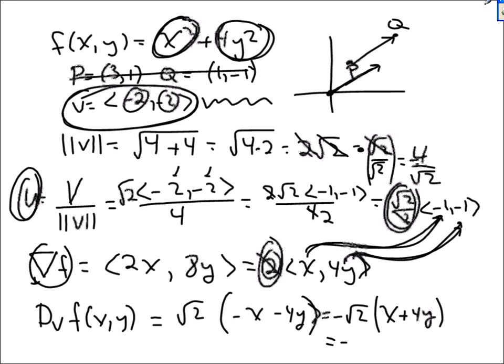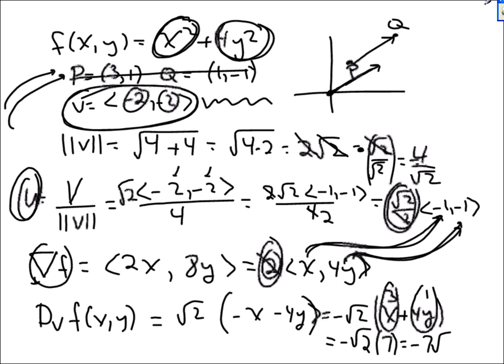And then the last thing I will do is I will plug in my point P, 3, 1. X is 3, y is 1. 4 times 1 is 4, 3 is 3, 3 plus 4 is 7. So it's -7 square root of 2. That's the directional derivative at the point 3, 1. The point Q that they talked about just gave us the direction.